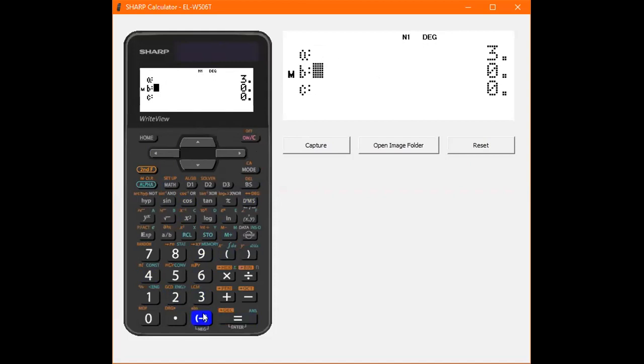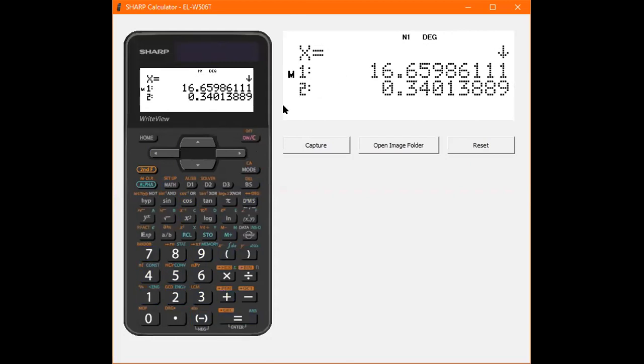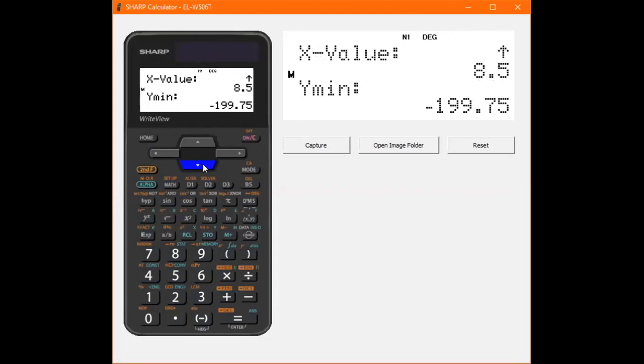Let's call it 3 and -51 and 17, like we had in our calculation just now. And there are our two answers. And you can see there's a down arrow telling us there's more to it. So the minimum value for this graph is -199, and the x point where that happens is 8.5. So that's just a nice thing to know.